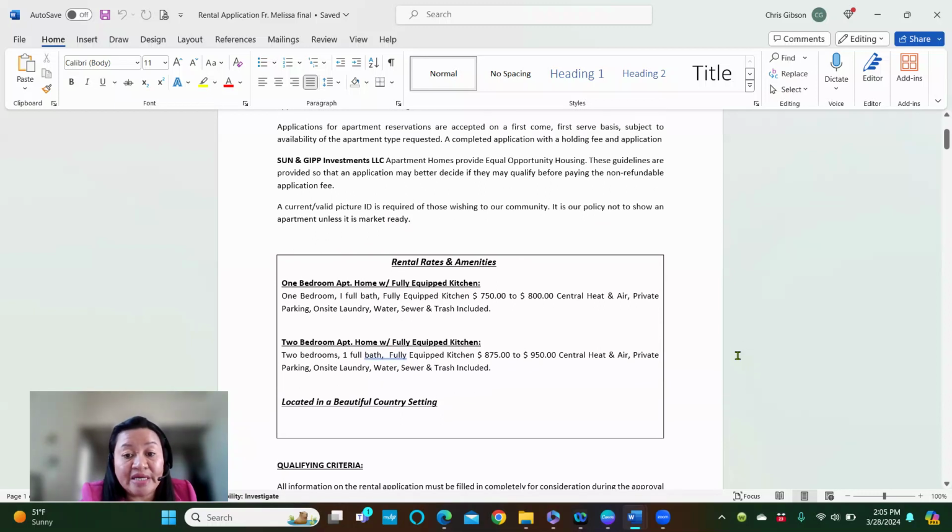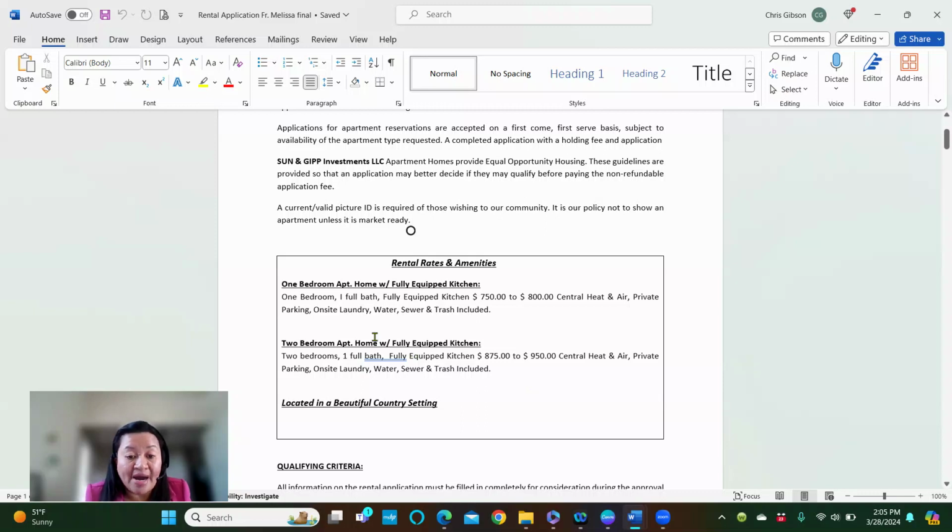For example, here is a one bed, one bath apartment home with a fully equipped kitchen, central heat and air, private parking, and on-site laundry. Water, sewer, and trash are included. Also, for example, our vacant unit is 2 bed, 1 full bath, so we put that in here.